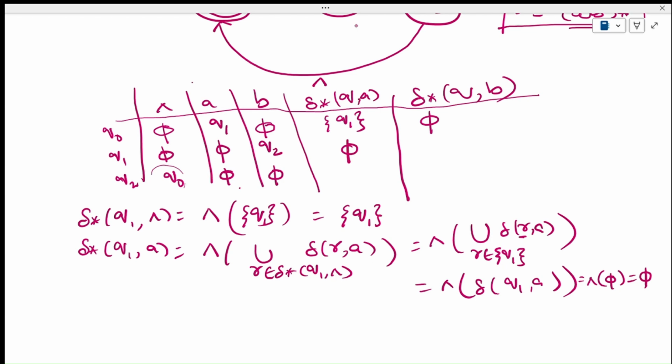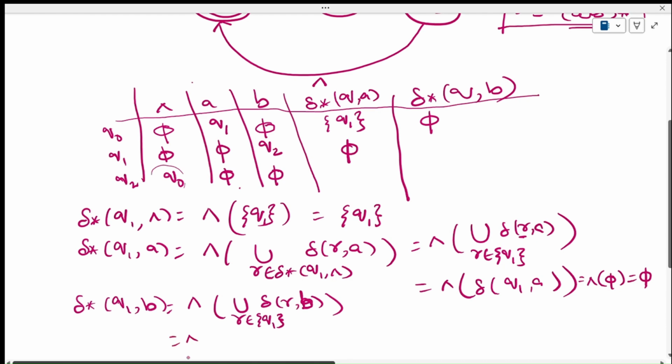Now we will repeat the process for delta star Q1 comma B. That is the same thing. It becomes union of R that belongs to Q1, delta R comma B. Replace R with Q1. It becomes null closure of delta Q1 comma B. See the table, Q1 on reading B is going to Q2.